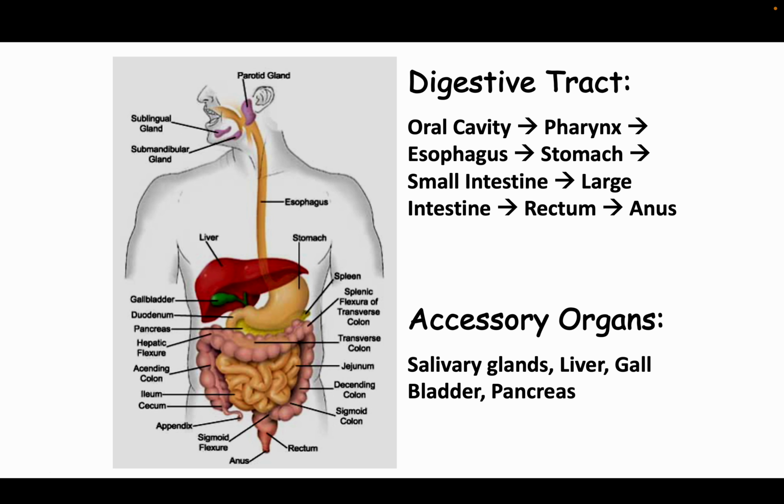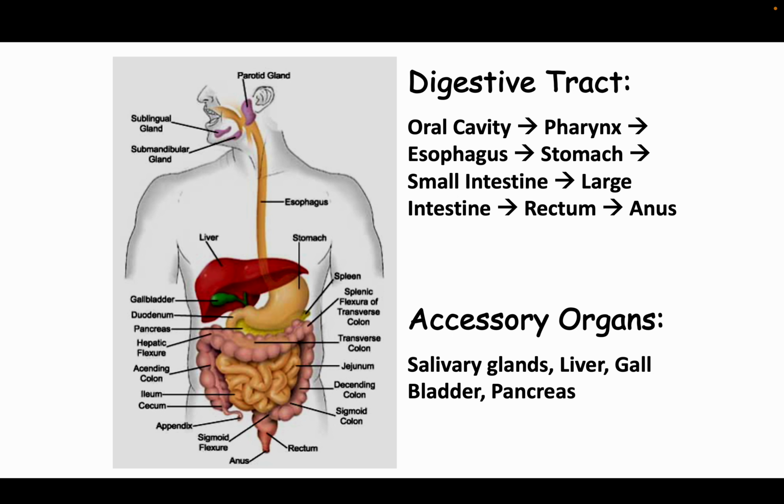From there, it's going to travel through an opening in the back of your mouth called the pharynx. The pharynx is an opening that sort of connects the digestive and the respiratory pathway. Food is going to be diverted into the esophagus, which is a tube that sits behind the trachea. The trachea is this tube right here that is going to take air into the lungs.